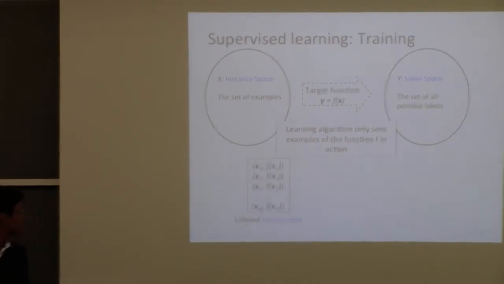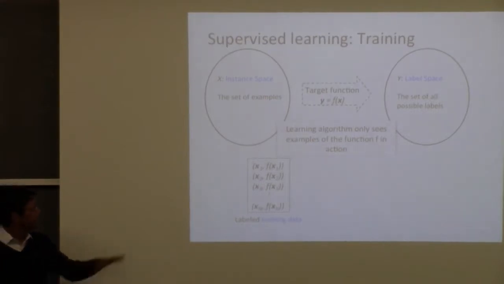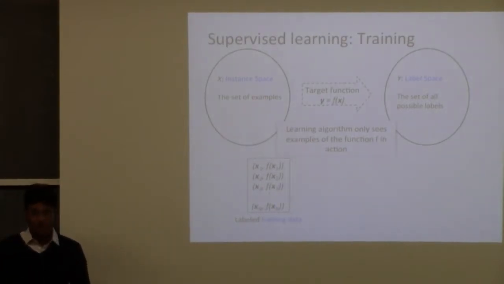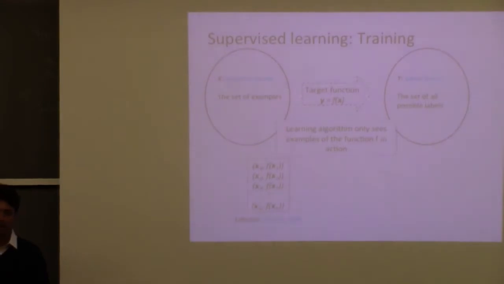So there is something called a training set, which has elements from the instance space, X, and their corresponding labels, f of X. And you are given a finite set of it. So you have a finite set of labeled examples.